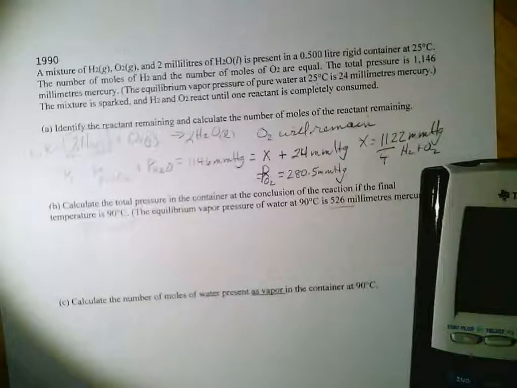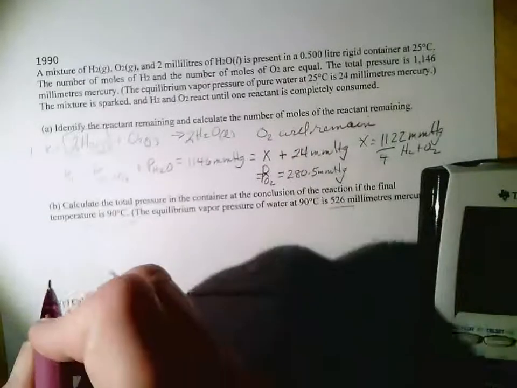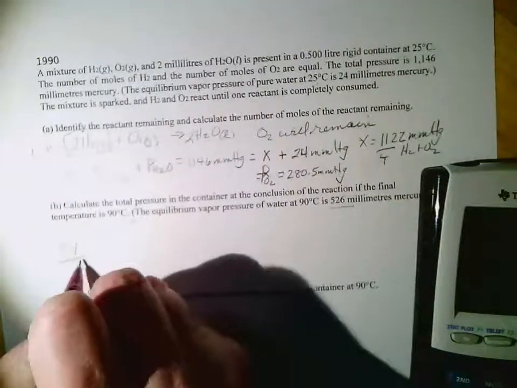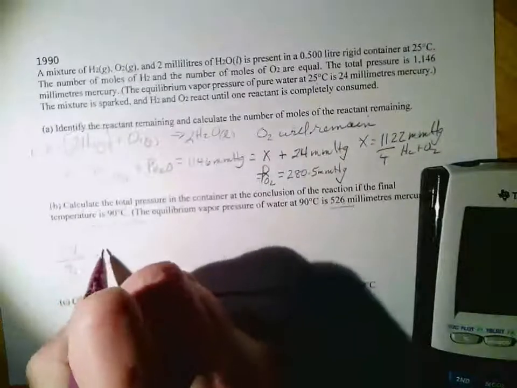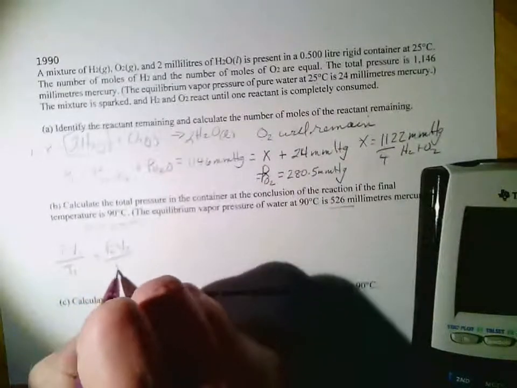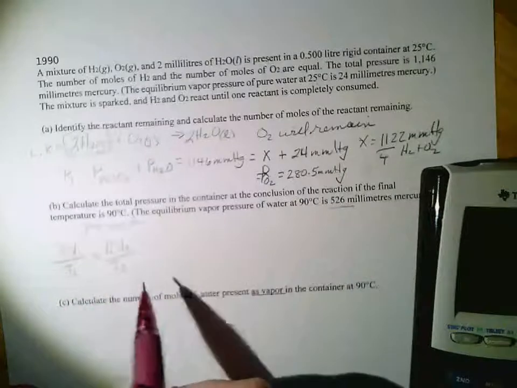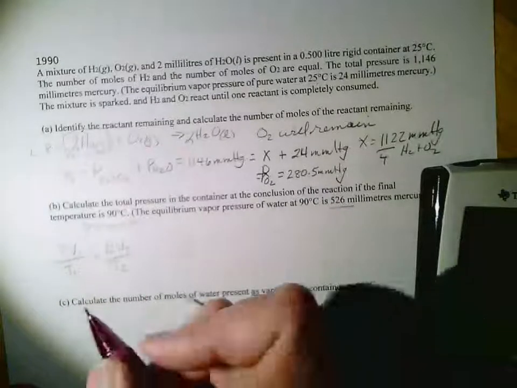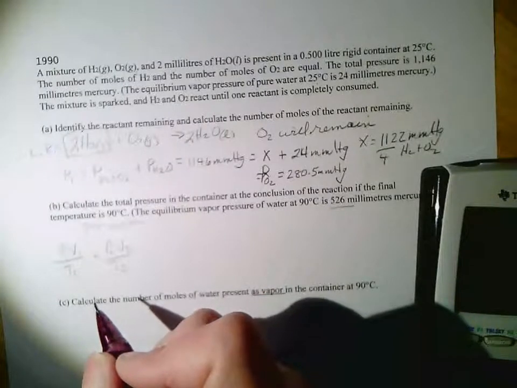That's how I would do it, I think. Actually, I think we're going to have to use P1V1 over T1 equals P2V2 over T2. Because we have two temperatures, we have two volumes. And so the volume's actually going to stay the same, isn't it?